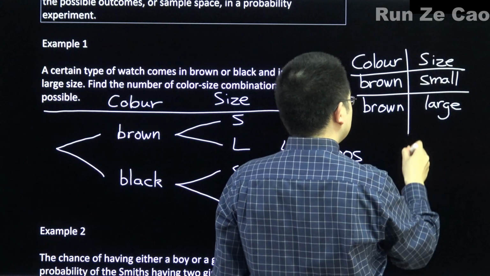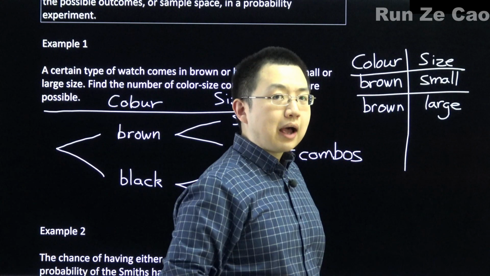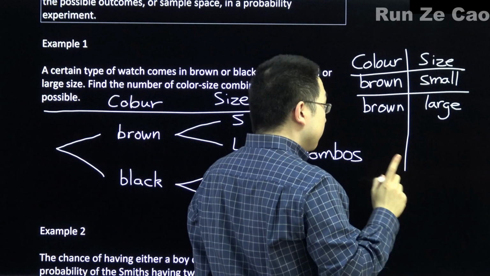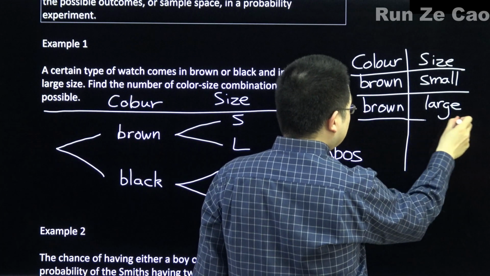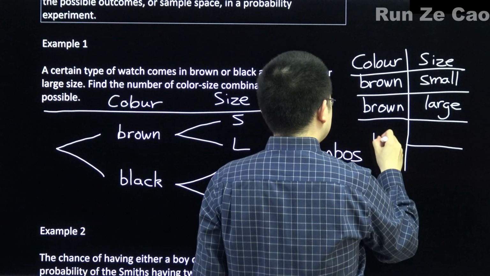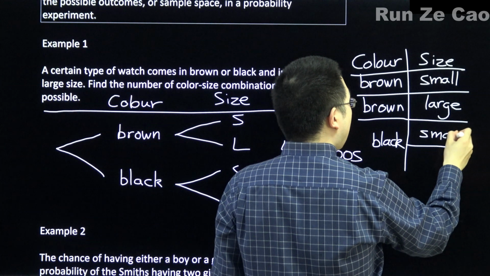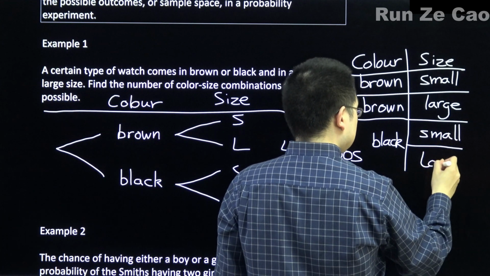This version is where you write out every single outcome on both sides, okay? But you can also adopt a different style where, say you have this, black, and then small, large.